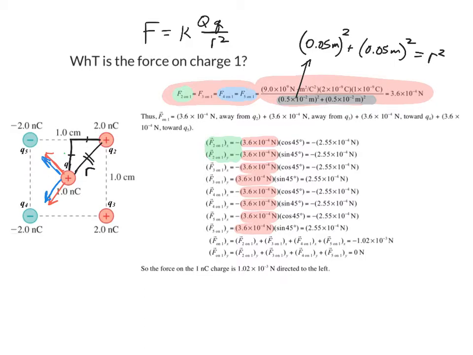Then let's see here. Force 3 on 1 in the x and y directions. So charge 3, it's pushing left in the x direction, but it's pushing up in the y direction. So its x is negative and the y has to be positive because of where it's pushing.